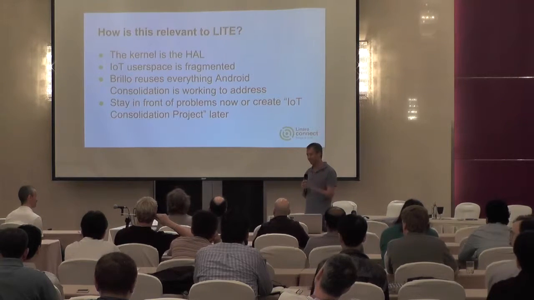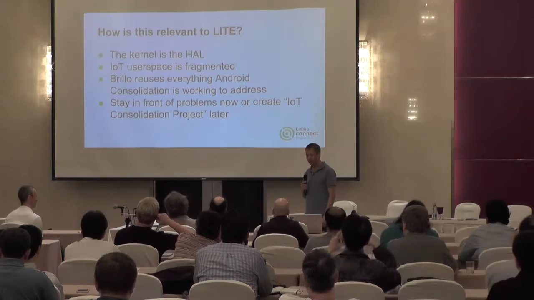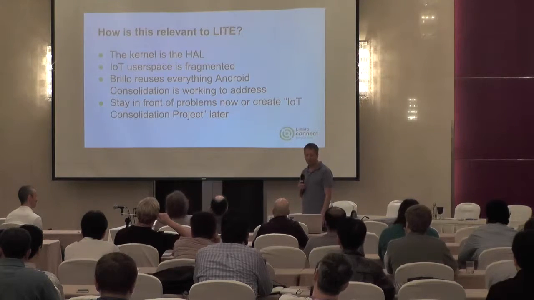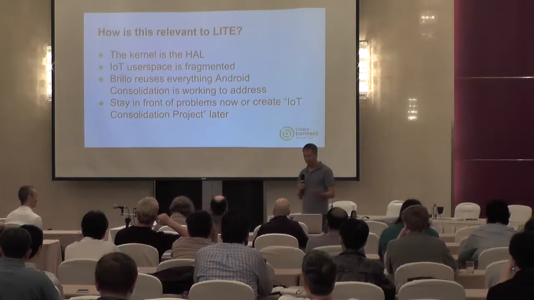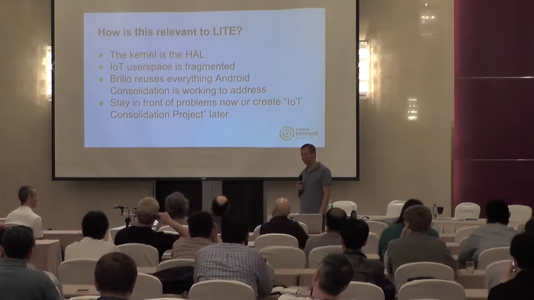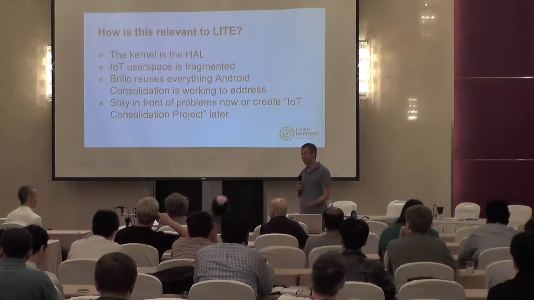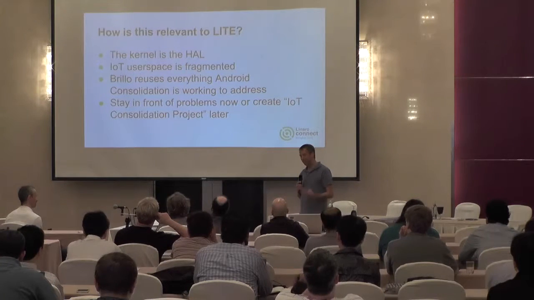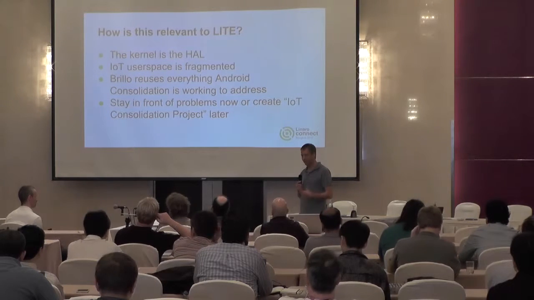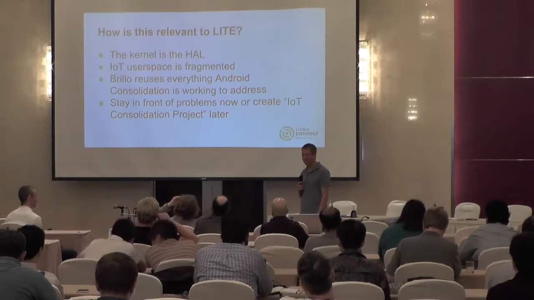That's where we have common frameworks to share code among similar driver device types. The other similarity is that the IoT user space is fragmented, so different end users are going to want different things. We can't support them all. The kernel is the common point where we can make changes and influence that.